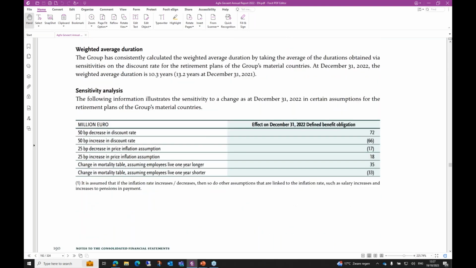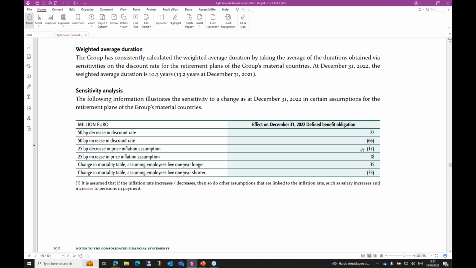You will have to do a sensitivity analysis on the significant assumptions. So what if the discount rate would increase by 50 points or decrease by 50 points? You see, of course, an increase in discount rate will reduce the liability, and a decrease of discount rate will increase the liability. Inflation, just reverse. Higher inflation, higher salary increases, higher DBO.